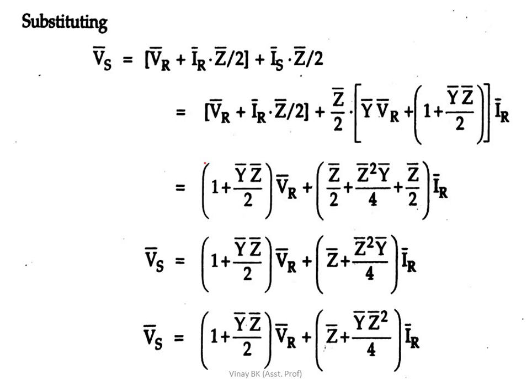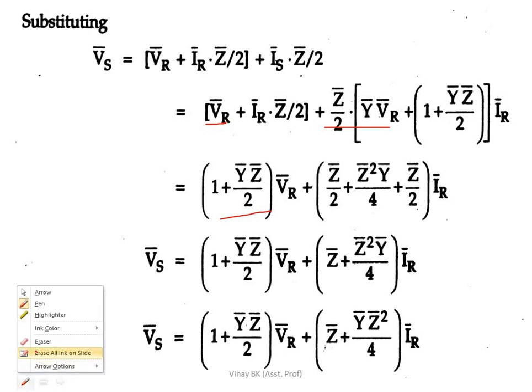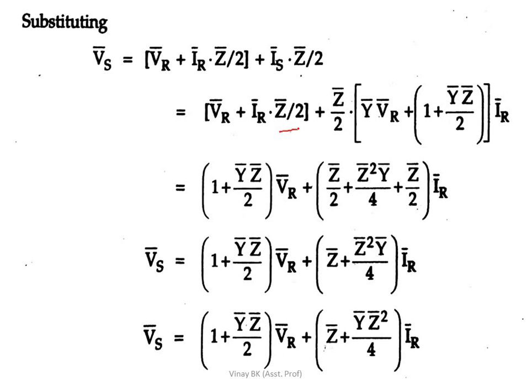Just look at the VR. Here we have one VR, then VR into YZ by 2. Taking VR as common, 1 plus YZ by 2 into VR, plus wherever there is IR, take IR as common. What we are getting is Z by 2 plus Z by 2 plus Z square Y divided by 2 into 2, which is 4.